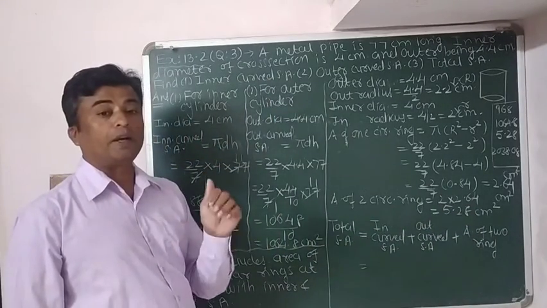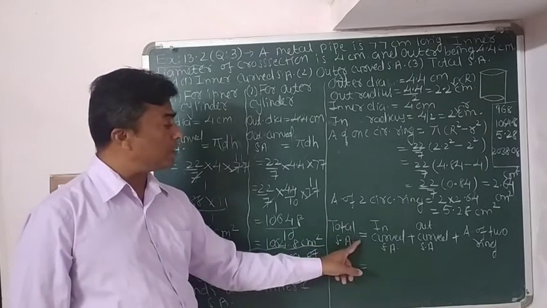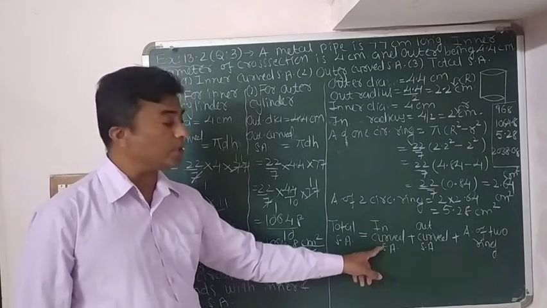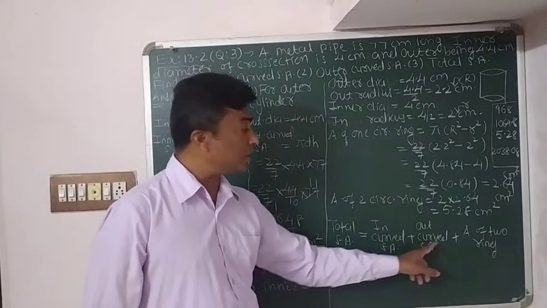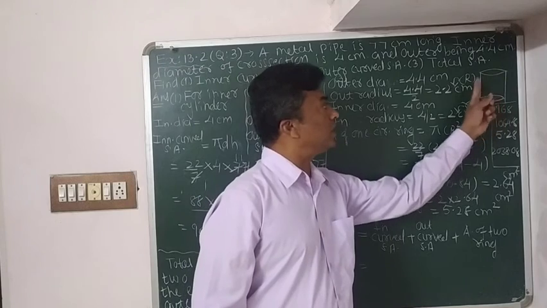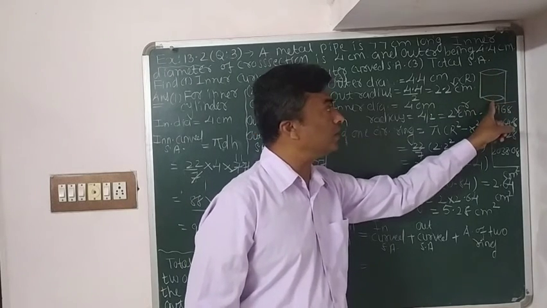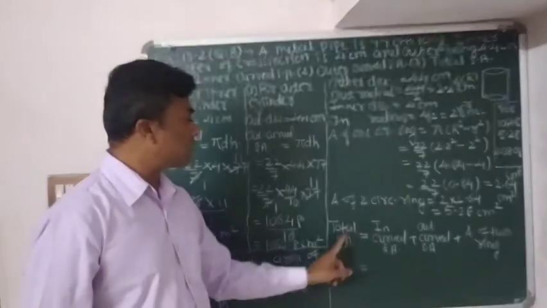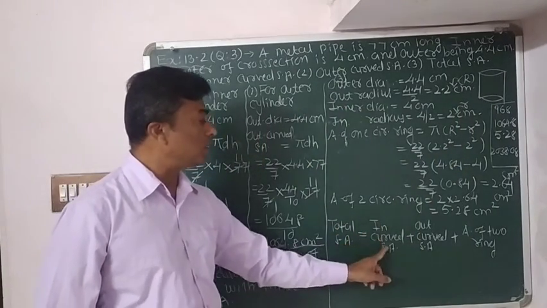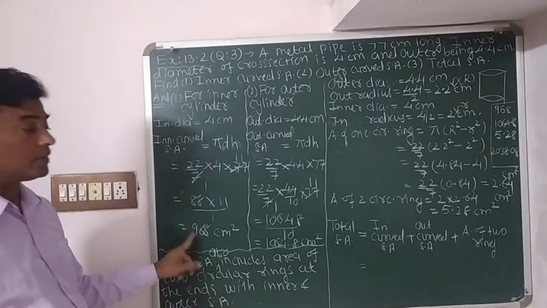Now we will identify total surface area of the pipe. So total surface area of the pipe is equal to inner curved surface area plus outer curved surface area plus area of two rings, one upside and one downside. So inner curved surface area is what? 968.